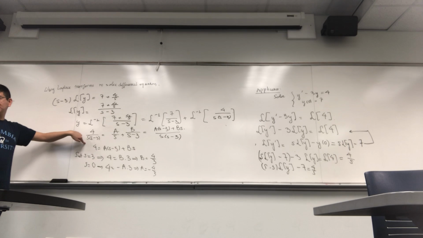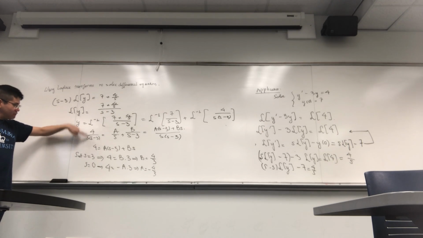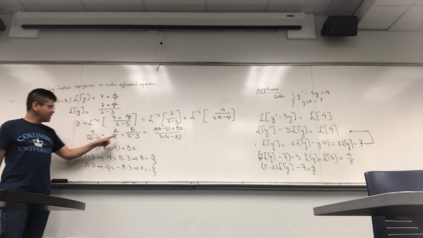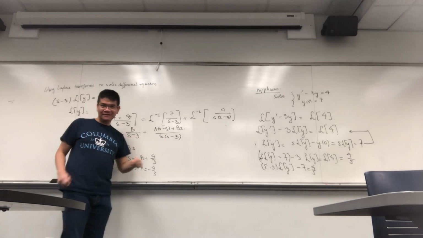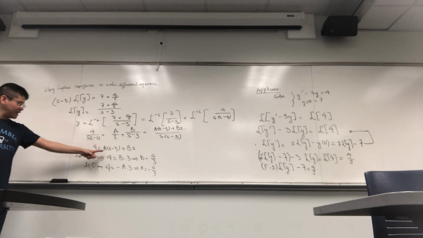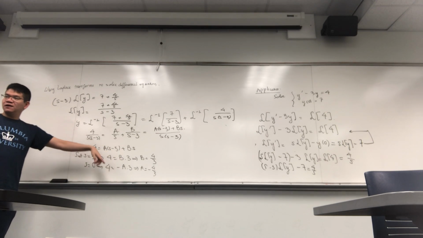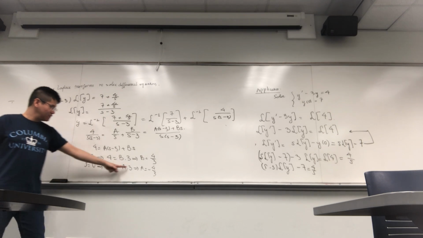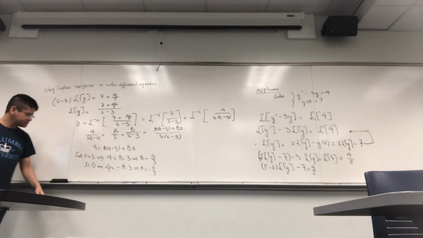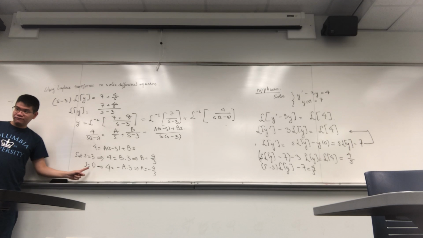For the second term, I'm going to split it again. 4 over s minus 3 will be a over s plus b over s minus 3, and this gives me a(s minus 3) plus bs, which means that 4 is a(s minus 3) plus bs. And now I set s to be 3, so when I set it to be 3, I have b is 4 over 3. I'm going to set s to be 0.